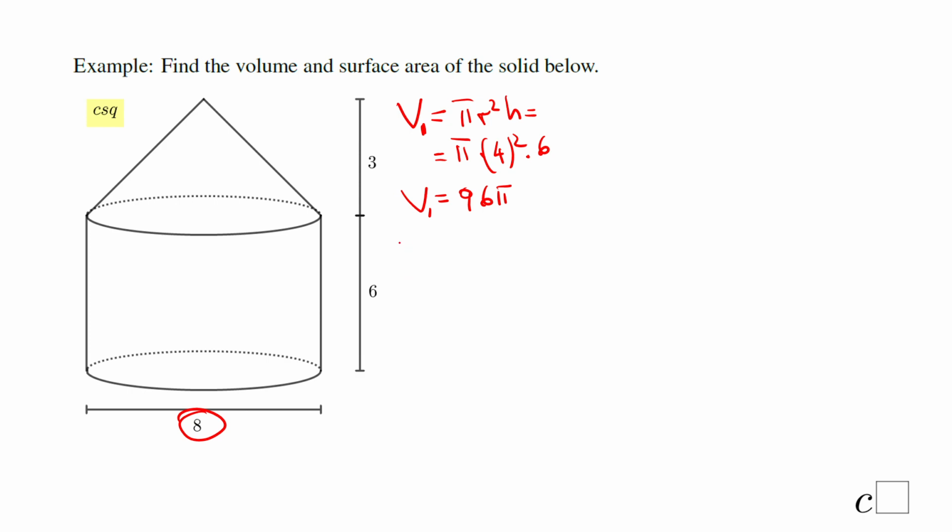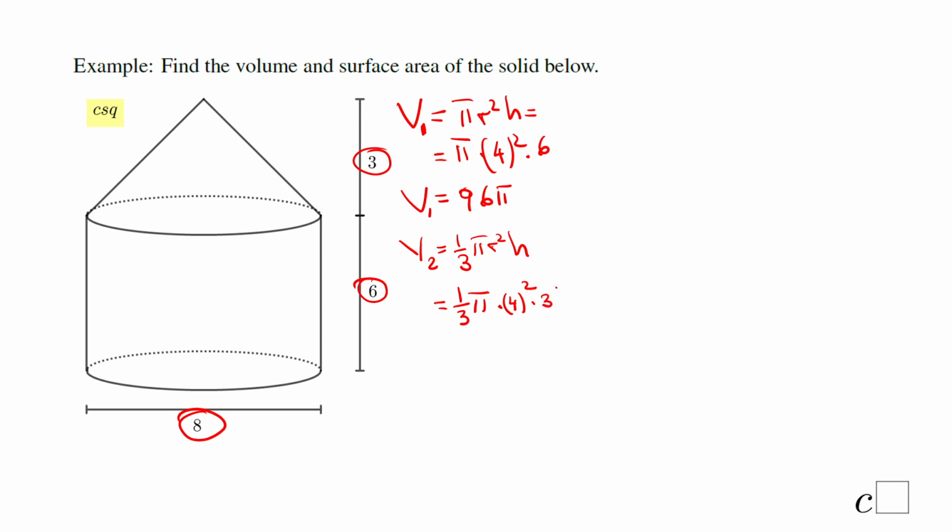The second volume is the volume of the cone, which is 1 over 3 pi r squared h. Okay, so we have here 1 over 3 pi. The radius is the same, 4 squared. The height, be careful, is this 3. The height of the cylinder was 6. And again, 3 here.